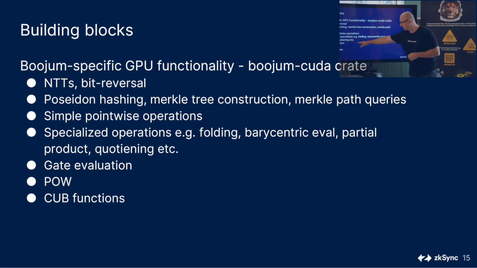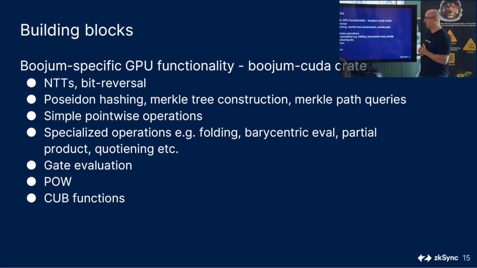Next part is gate evaluations. These are actually generated by a build script. We have gates defined in Boojum, and Boojum CUDA has a build script which takes this definition and generates CUDA code for it. Those are generic gates, but we also have some special gate implementations.